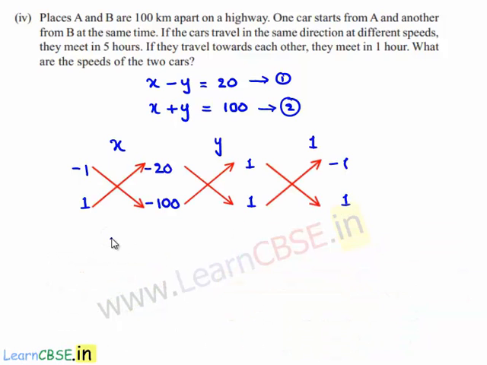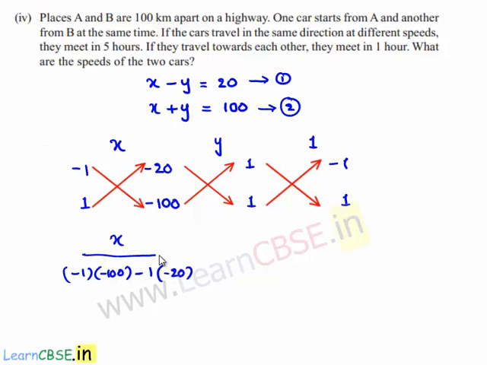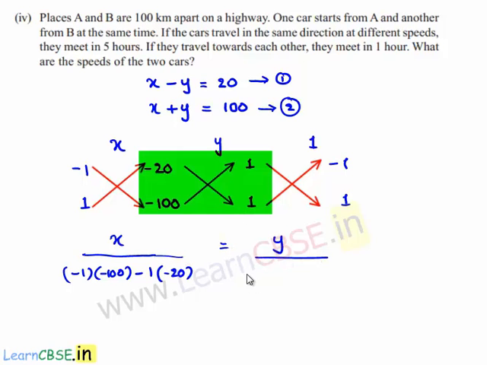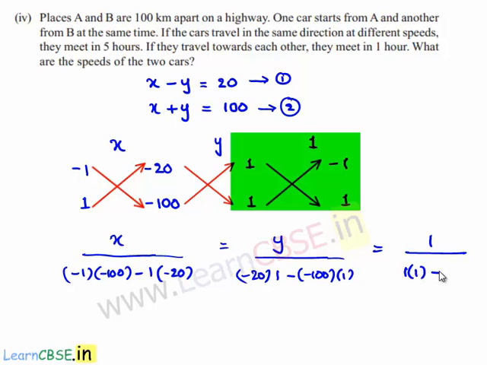Now we can write x divided by minus 1 times minus 100 minus 1 times minus 20 is equal to y divided by minus 20 times 1 minus minus 100 times 1, which is equal to 1 divided by 1 times 1 minus 1 times minus 1.